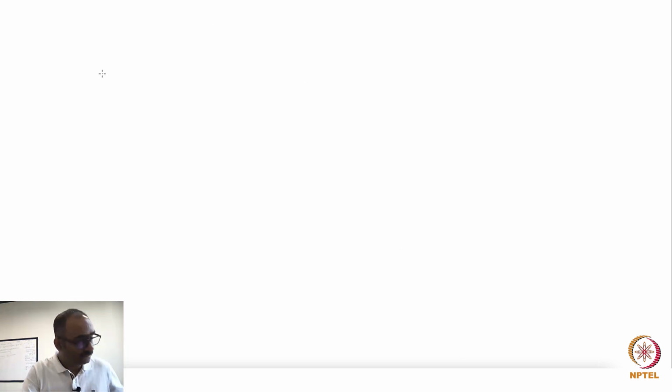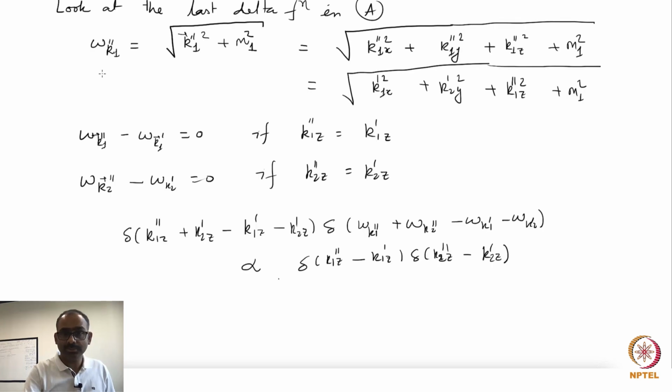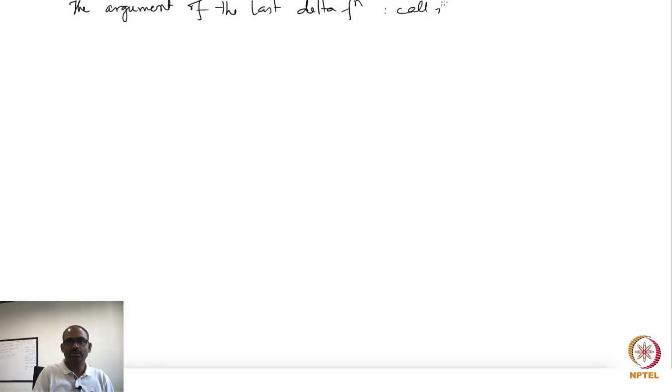Okay, so which one is the last delta function? We'll now look at this delta function. So, the argument of the last delta function, I will see it as a function of k1 double prime z, and call it f.